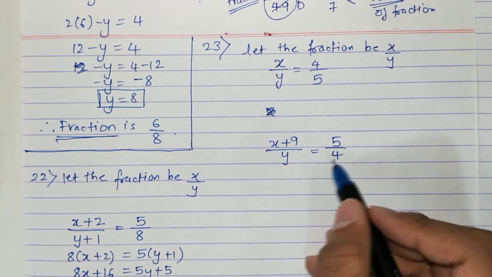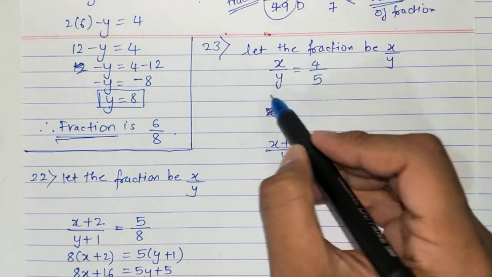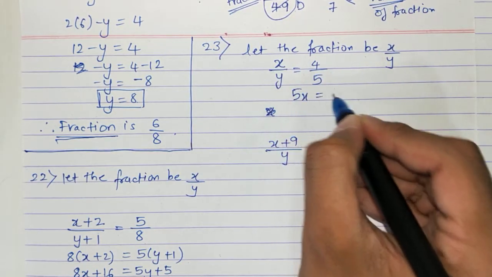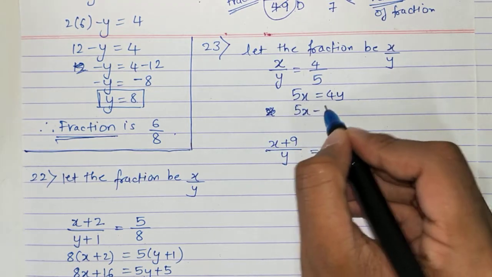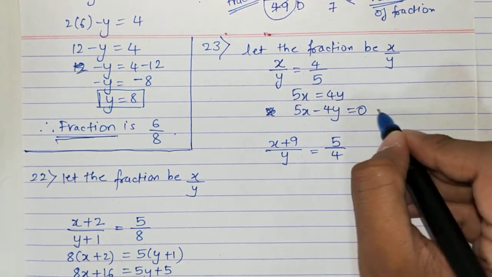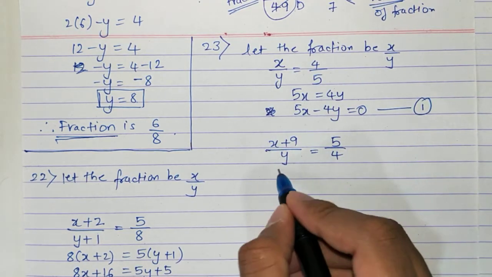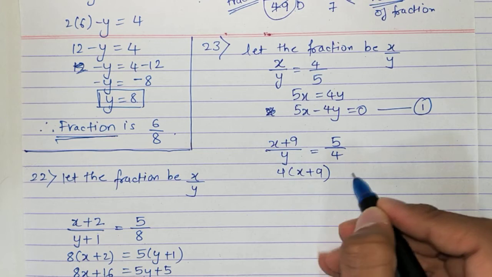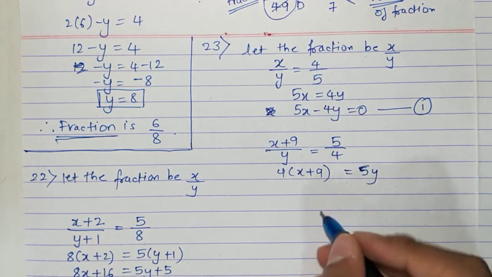ठीक है, so this will give me one equation and this will give me one equation, two relations. So here you cross multiply. 5x equals 4y. Shift the 4y on the left hand side. 5x minus 4y equals 0. This is equation 1. And here cross multiply. So 4 into (x plus 9) equals 5y.